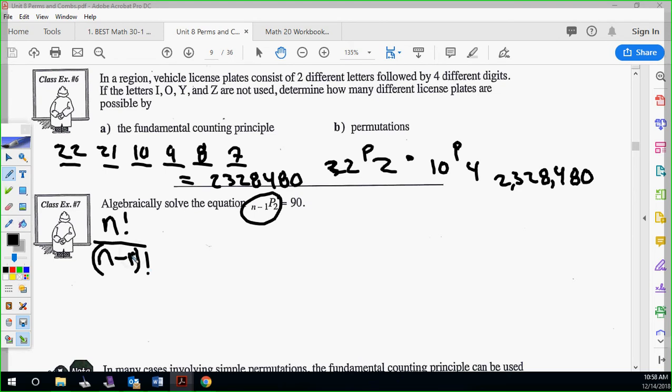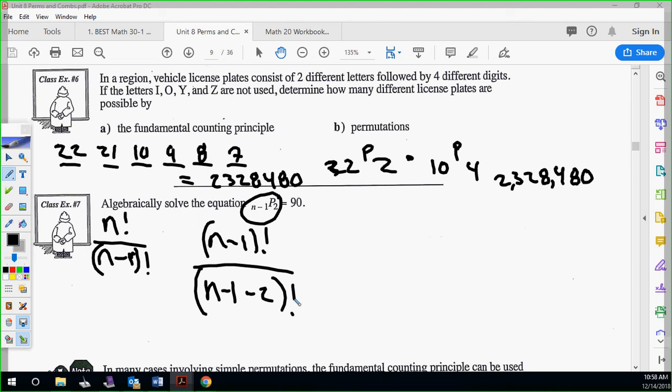In this case, my n is n minus 1, and my r is 2. I'm simplifying the left side right now. Stay with me. I'm solving for n. Why n minus 1 minus 2? Because on the left, it's n minus r.